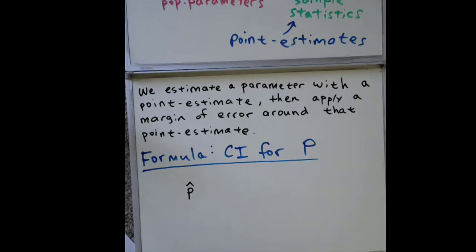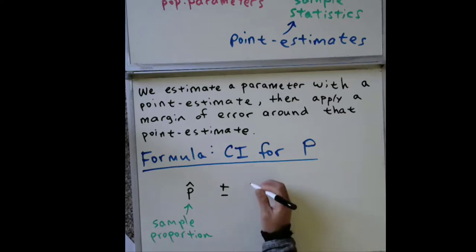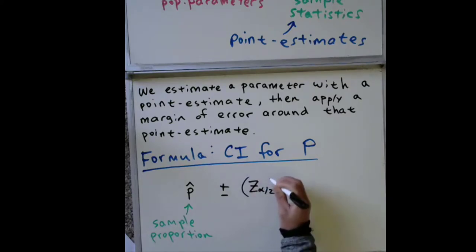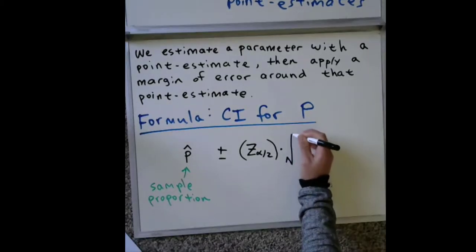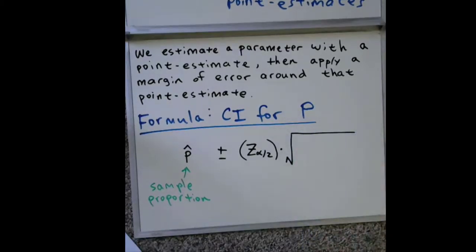That is the point estimate, or the sample proportion. We will add and subtract to that point estimate the margin of error, which is composed of a value from the Z table. We'll talk about that in a moment, and its standard error.